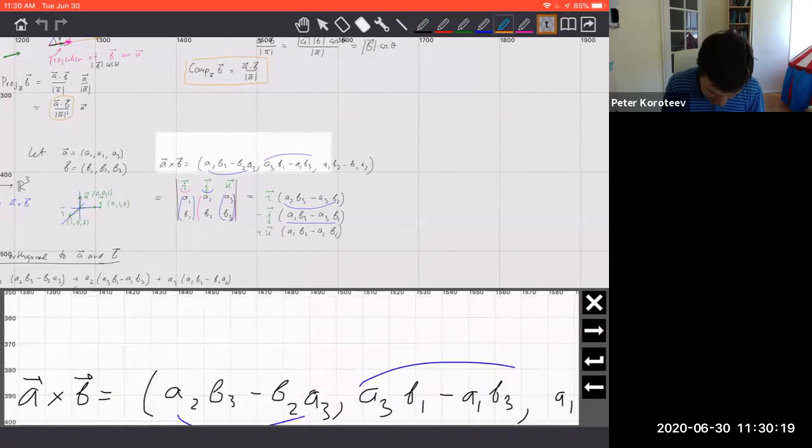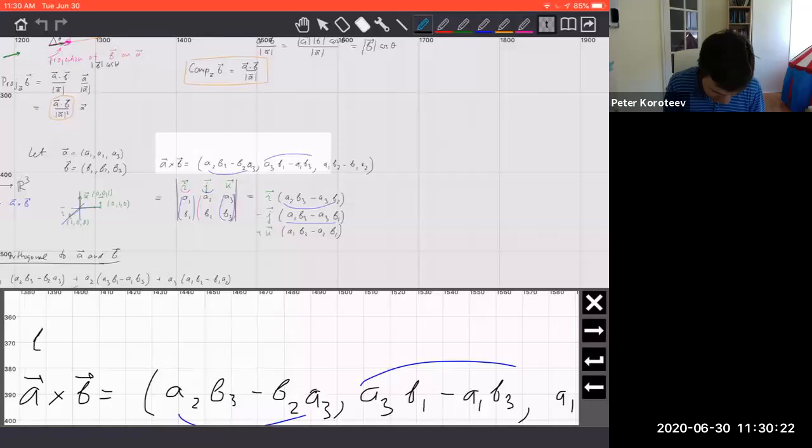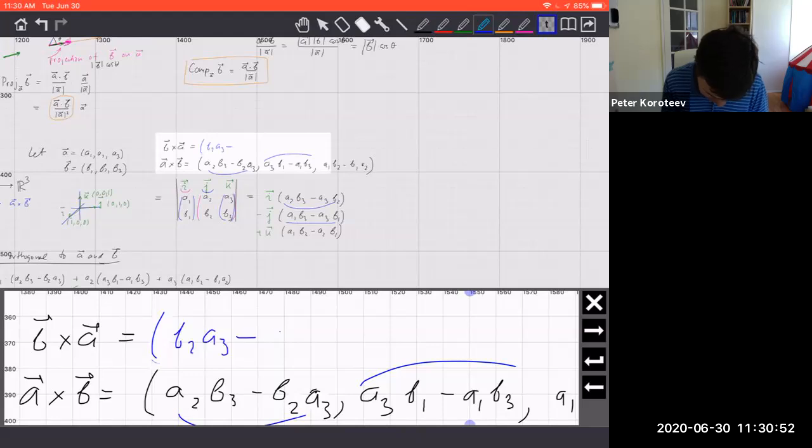Let's write it down: B cross A. It essentially changes the sign by -1. Where I had A2B3, now it becomes B2A3 and then minus A2B3 and so on, and the blue thing is -1 multiplied by the black thing.